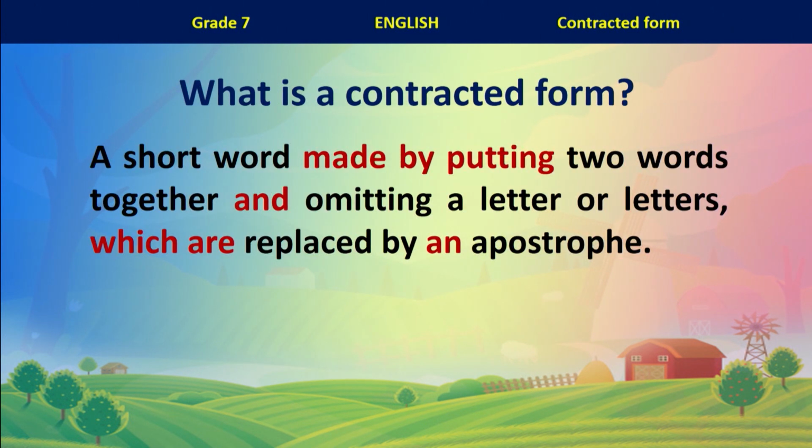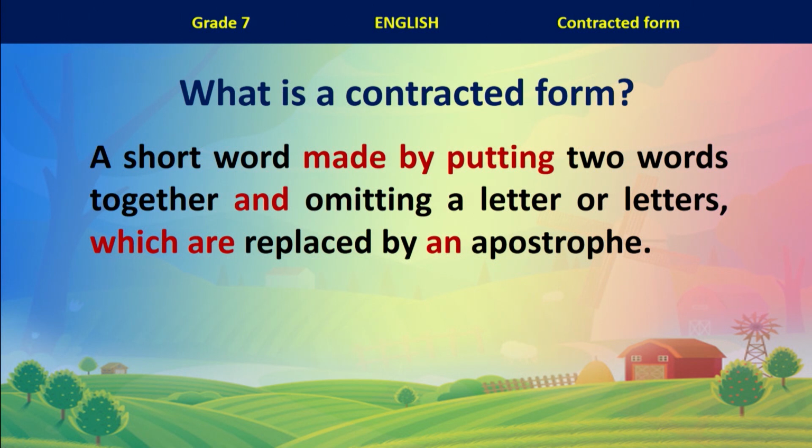So children, today our lesson is the contracted form. A short word made by putting two words together and omitting a letter or letters which are replaced by an apostrophe is a contraction.